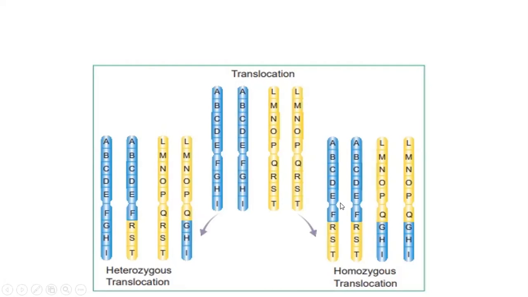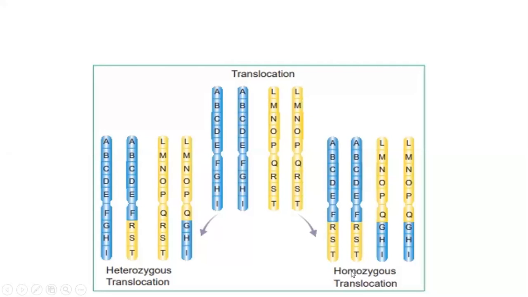homo means both the blue chromosomes will exchange the genes or segments with both the yellow chromosomes. As a result, you get this combination. These are similar and these are also similar. So when they go into the gamete and then the zygote, whether this goes or this goes, the gamete will be the same because the genes are the same.